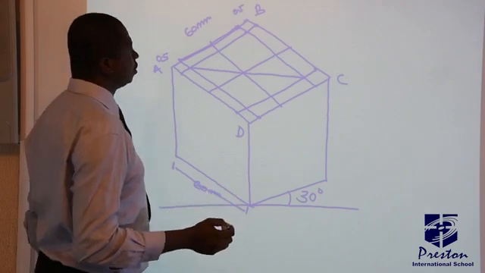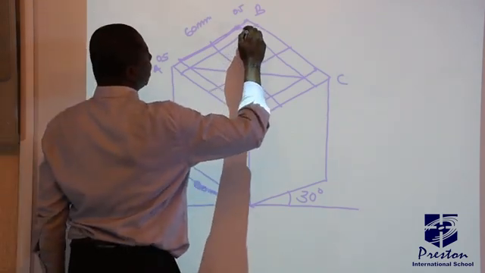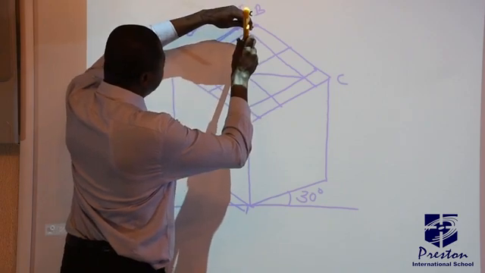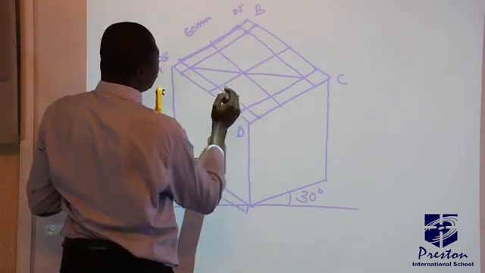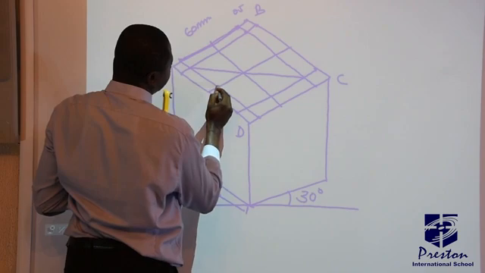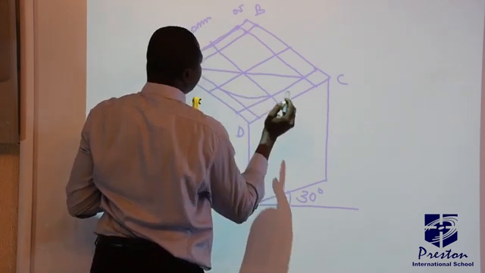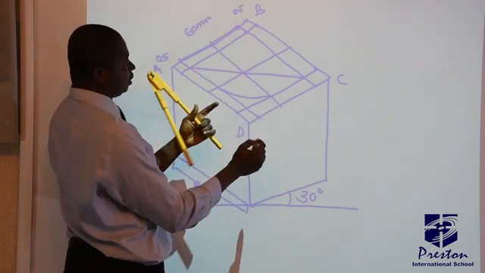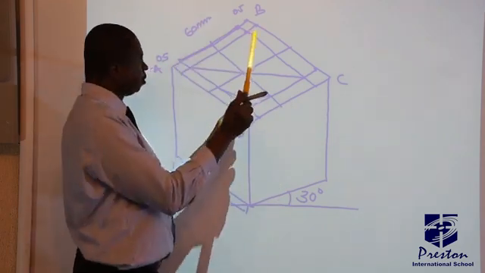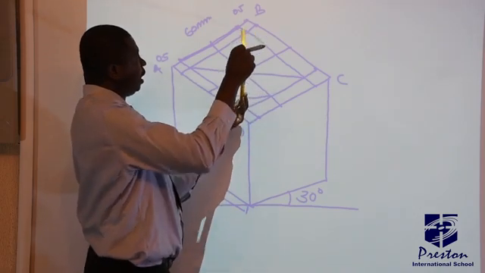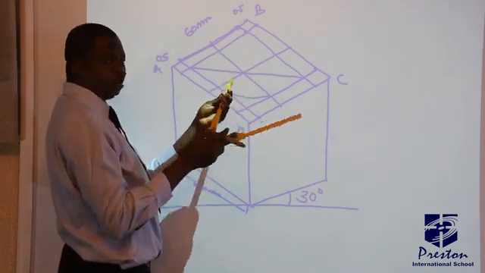So you place your compass here, then you drag the pencil point end here, then you draw an arc. Reverse it again, place the needle point here, and drag the pencil end here, with the same dimension.